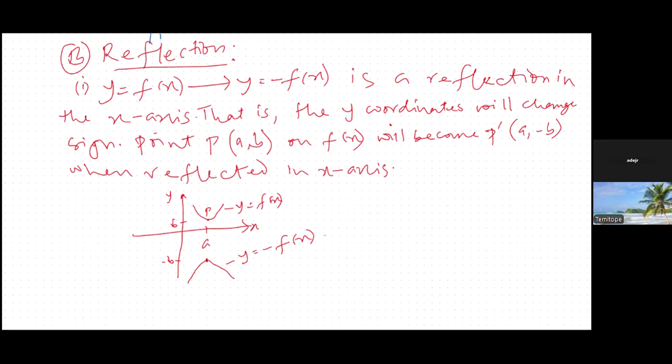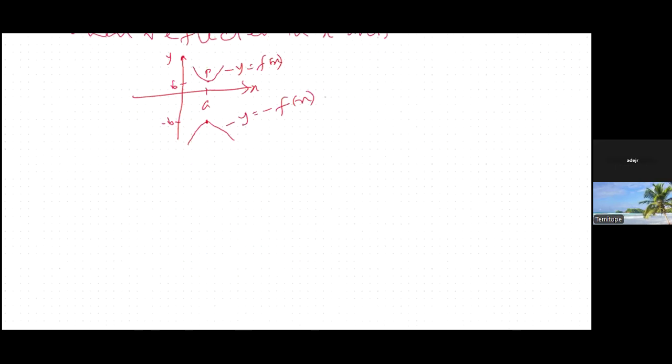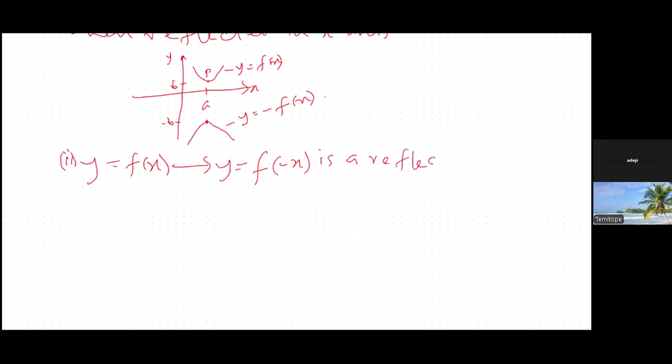Okay. So number two, y equals f of x transform to y equals f of minus x is a reflection in y-axis.